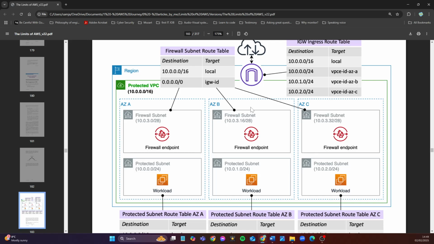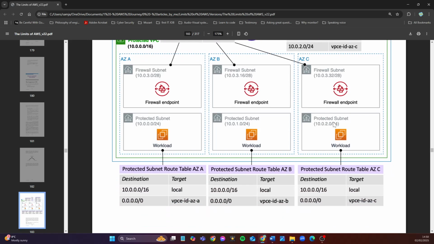We've got 3 physical availability zones within this. Each AZ has its own firewall subnet, you can see 1, 2, 3. There's one workload in a subnet in each of the 3 AZs.